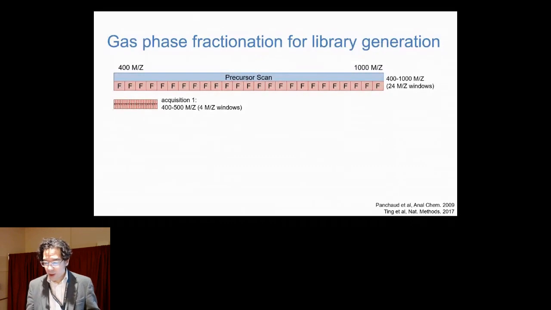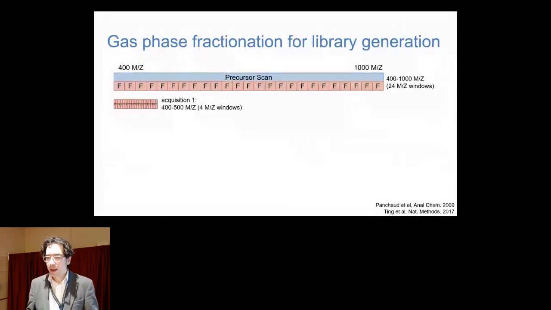Just like we were talking about before, these are wide windows with a lot of co-fragmentation. We have been acquiring this data, at least of a pool of these samples, using a very expensive approach from a measurement perspective, but we're doing this of a pool, where we're just trying to detect all of the possible peptides in our sample. So we'll run one acquisition from 400 to 500 in 4 m/z wide windows.